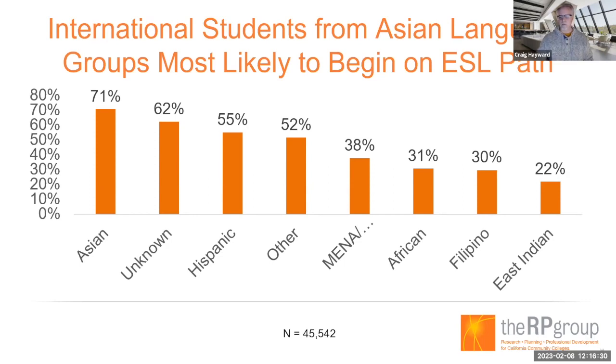You can see at one end, the large majority of East Indian students enter the English pathway. At the other end, the large majority of Asian students are entering the ESL pathway. So there's a very large difference.